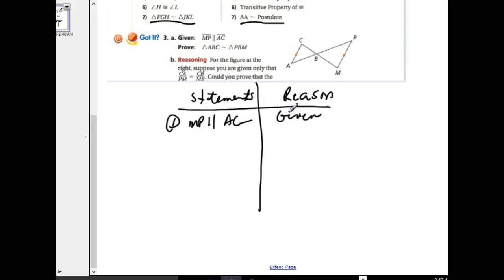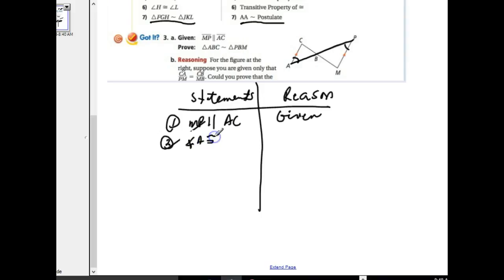Now, because of other things that we've learned in geometry, because I know that those two lines are parallel, I also know that angle A is going to be congruent to angle P, because AP right here is acting like a transversal between two parallel lines.